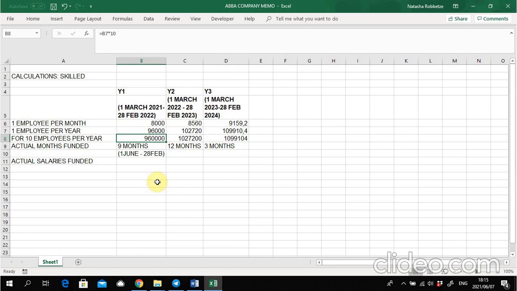We can only fund 9 months of that 960,000. So to calculate the actual salaries funded, I take the 960,000 and because we get the payment late, we only fund 9 months of the 12 months. So I divide it by 12 and I times it by 9.